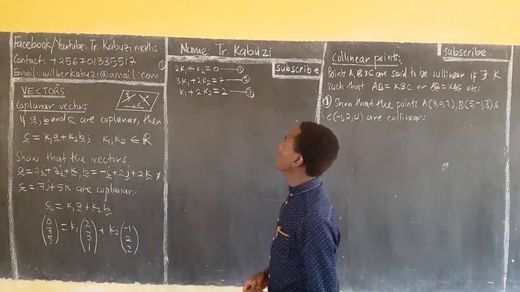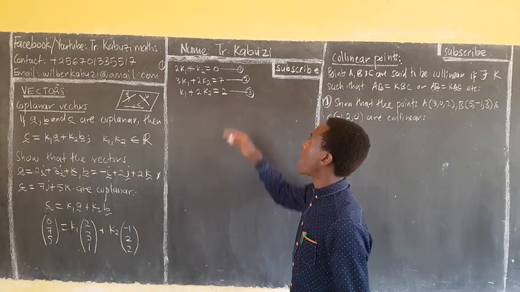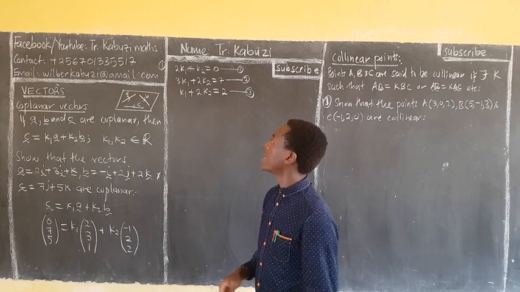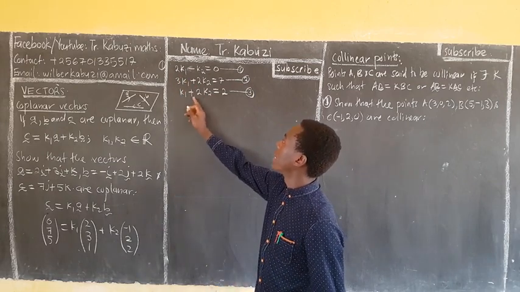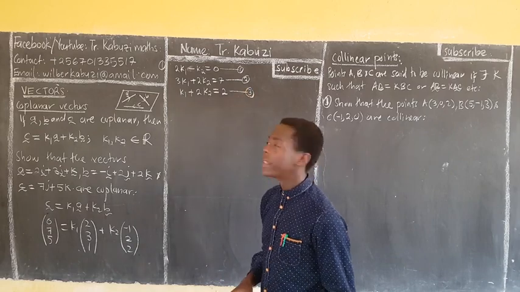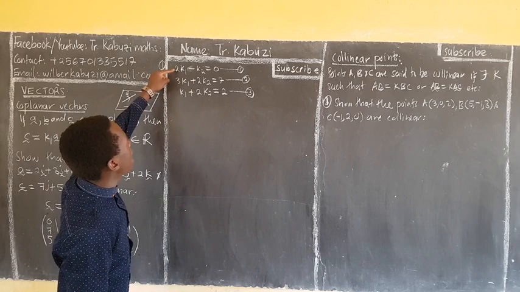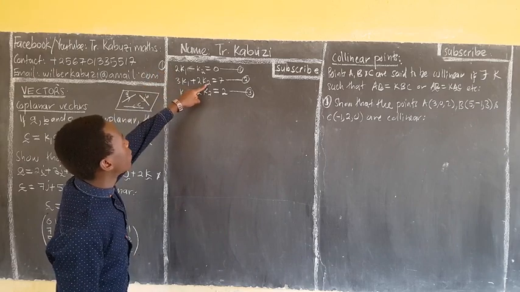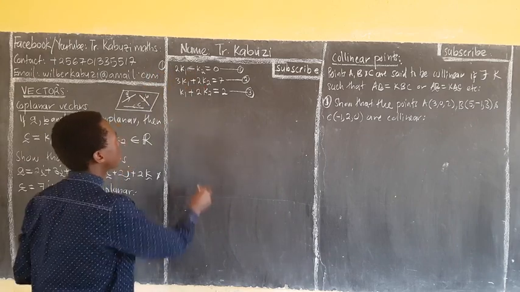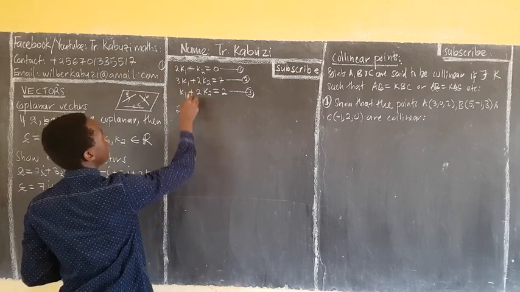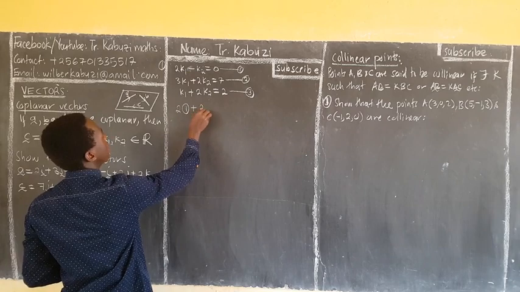If I name these equation 1, equation 2, and equation 3, our task is to get the values of these constants, and after that check for their consistency in equation 3. I need to multiply equation 1 by 2, because the signs are different, and then add equation 2.